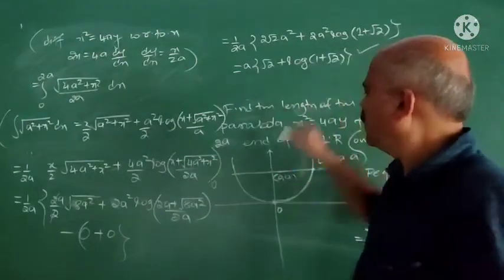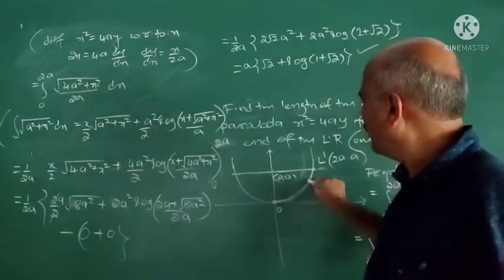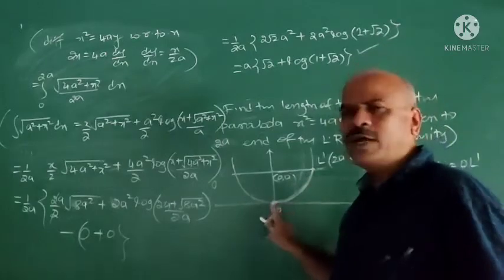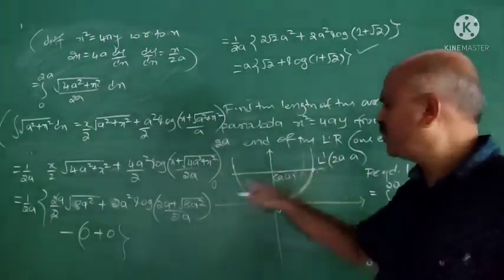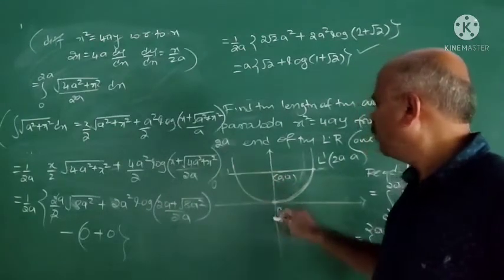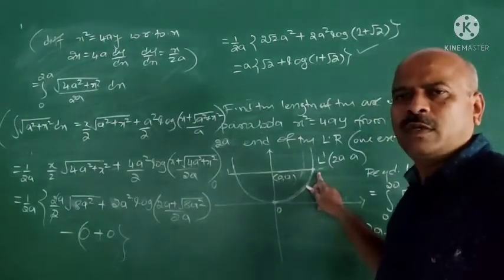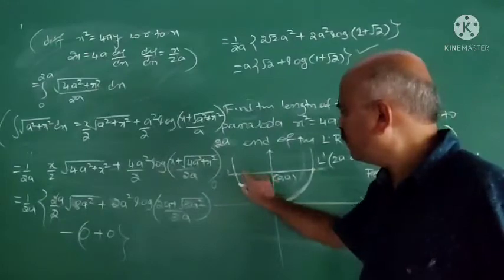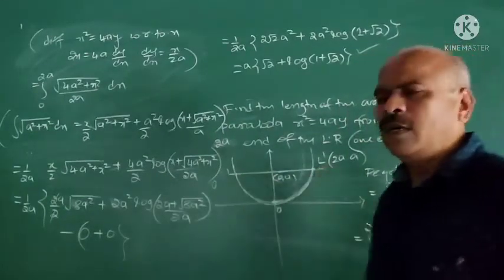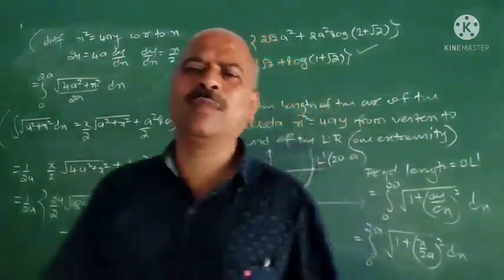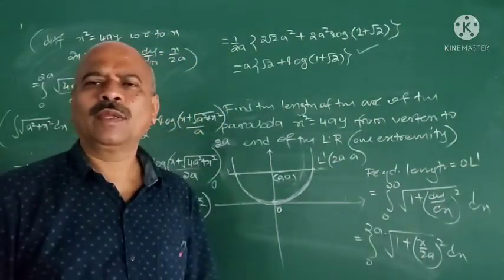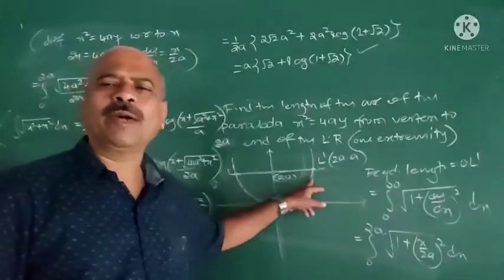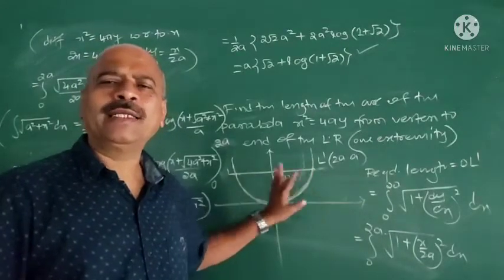This is the arc of the curve, length of the curve from vertex to one extremity of the latus rectum. This is the latus rectum, L dash, O L dash. If complete length, the question may be like this: find the length of the arc of the parabola cut off by its latus rectum.